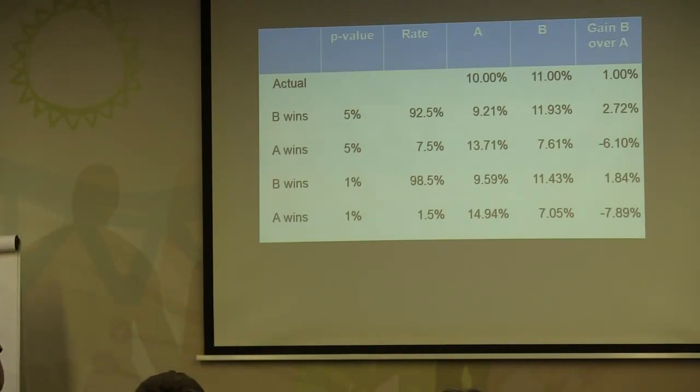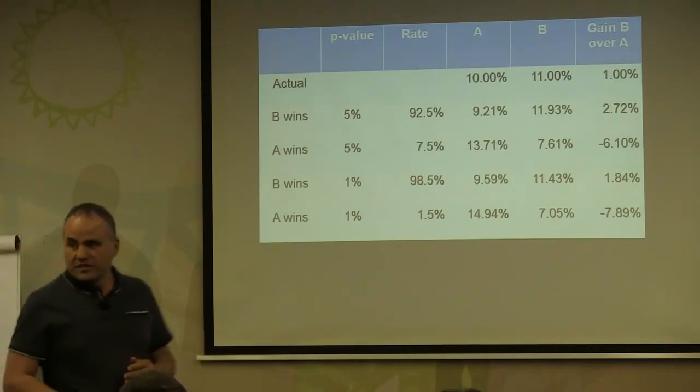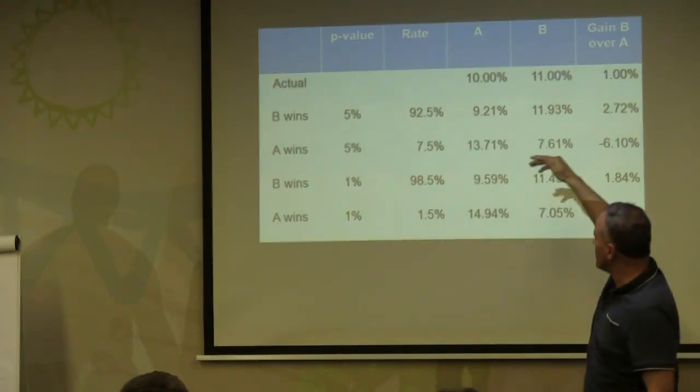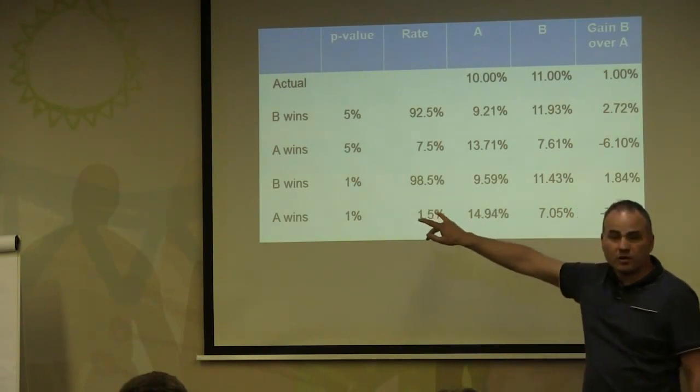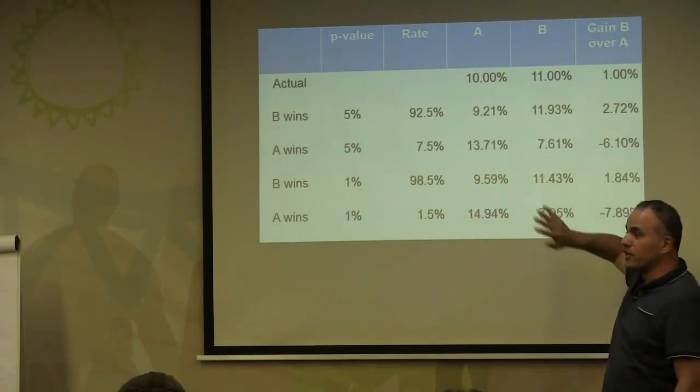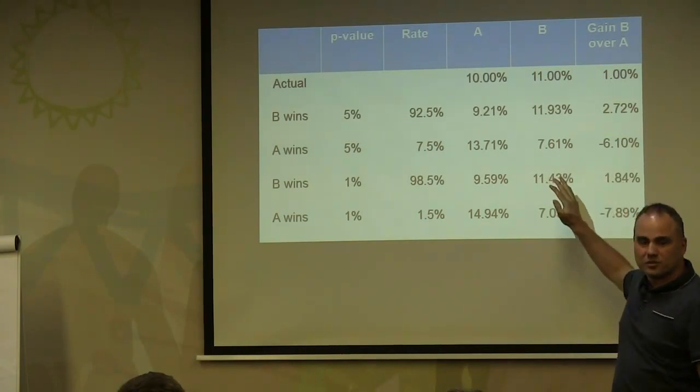Because you are not checking once, but you're continuously checking after every observation. This means that the first type of error is larger than what you expected. So it's not what you planned for. It's higher than this. It's 50% more in both cases. And also what you can see is when you get it wrong, you get it totally wrong. It's not close at all to the truth.